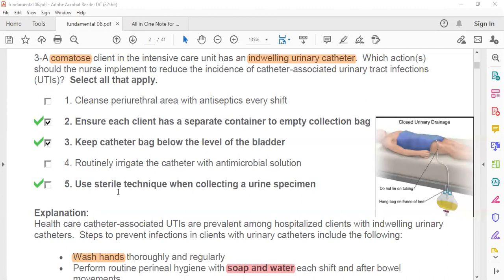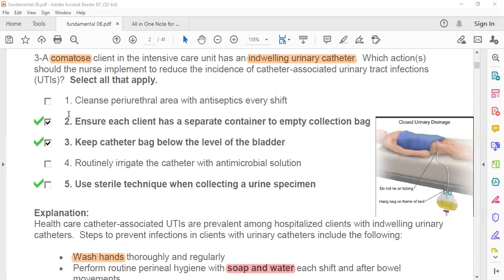Use the sterile technique when collecting a urine specimen. Yes, as a healthcare provider, we must follow the sterile technique when collecting the urine specimen for any kind of urine microscopic examination or urine culture for appropriate antibiotics.